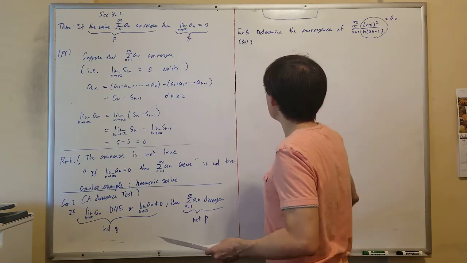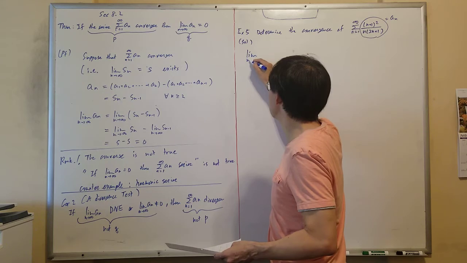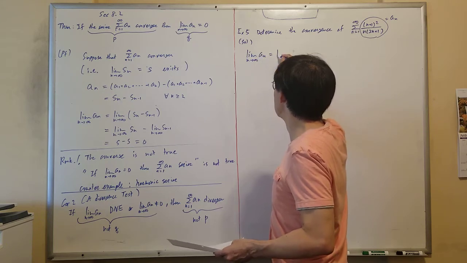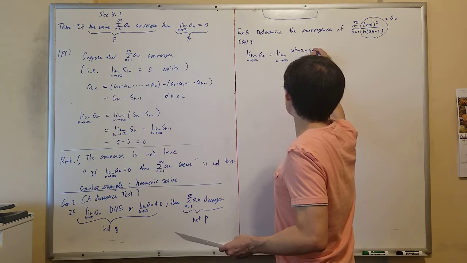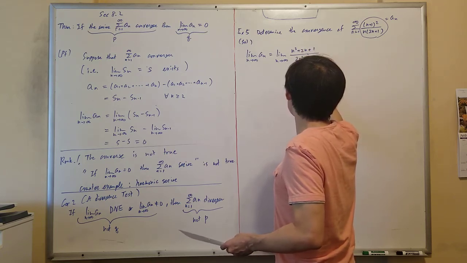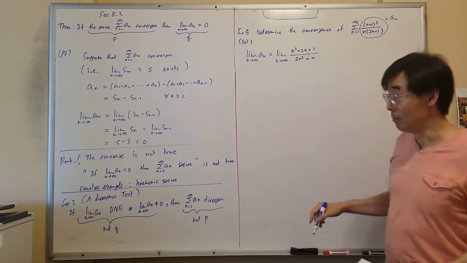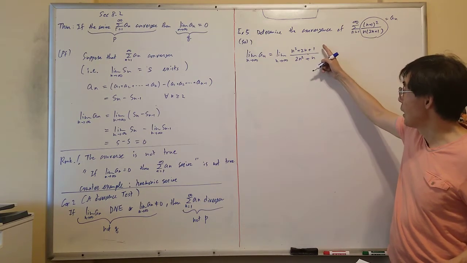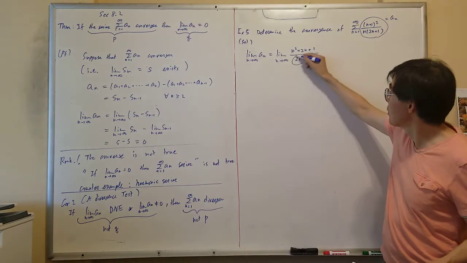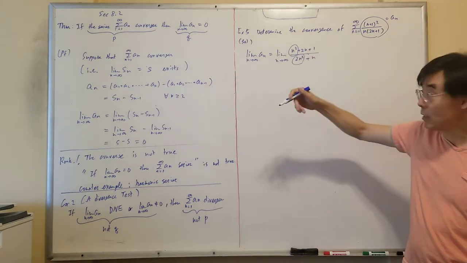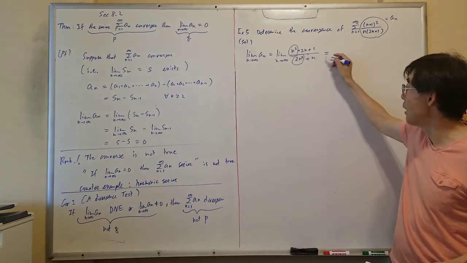If you take the limit, what is it? n squared plus 2n plus 1 over 2n squared plus n. Just like x squared plus 2x plus 1 over 2x squared plus x, the dominant terms will dominate over the lower power terms.